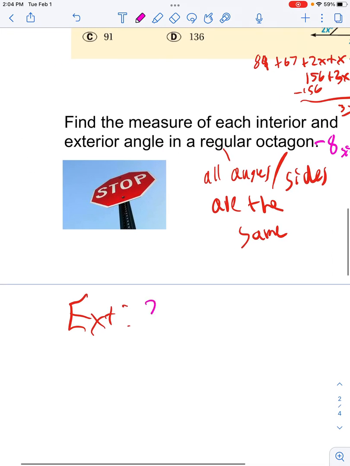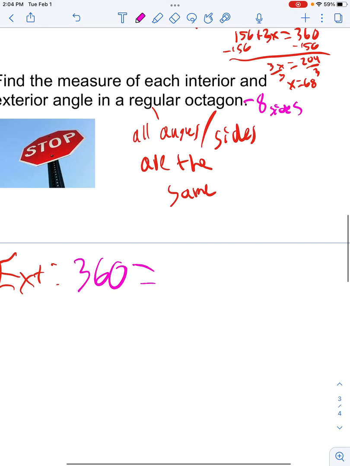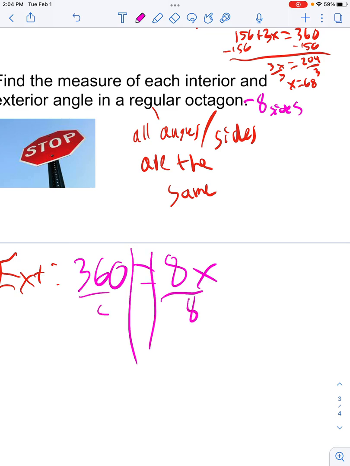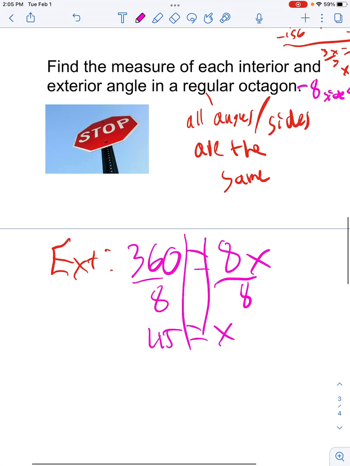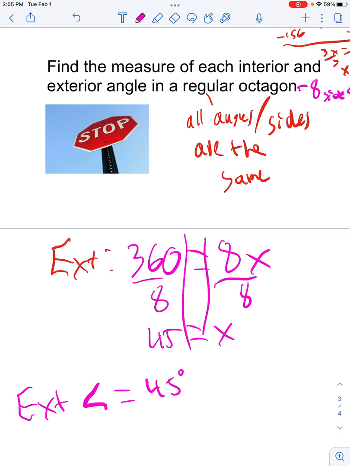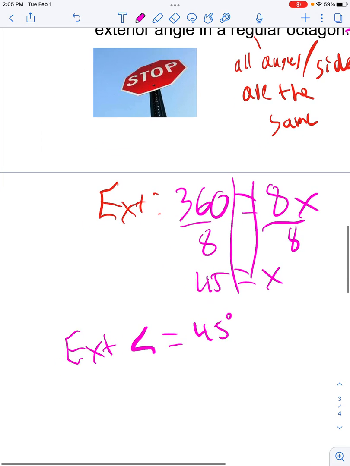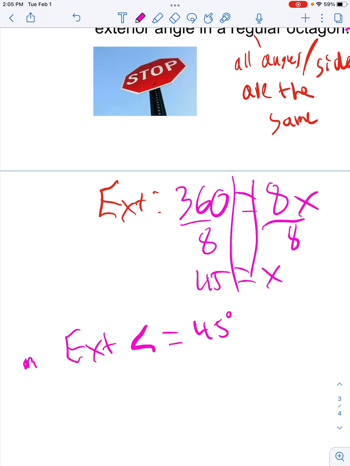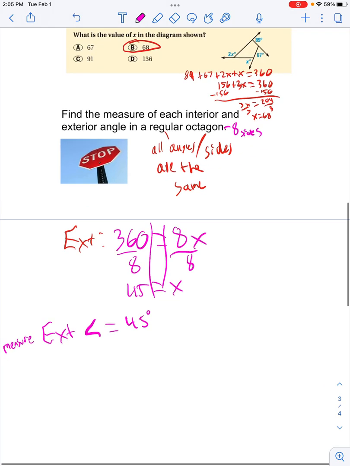So if I have a total of 360 degrees and I have 8 sides, how do I break that up evenly? I'm going to get 45. So the measure of an exterior angle is 45.